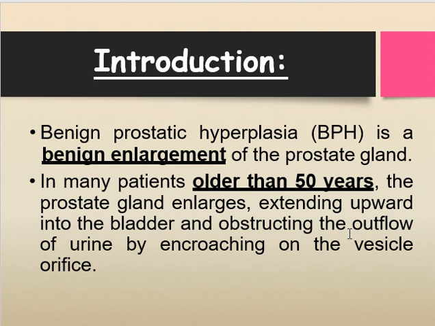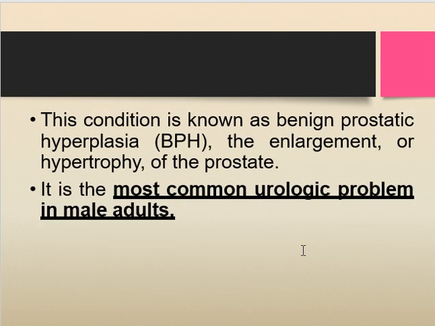When the prostate gland enlarges, it extends upwards, pushing the bladder and obstructing the flow of urine by narrowing the urethral orifice. The condition is known as benign prostatic hyperplasia, that is the enlargement or hypertrophy, the increase in size of the cells of the prostate gland.